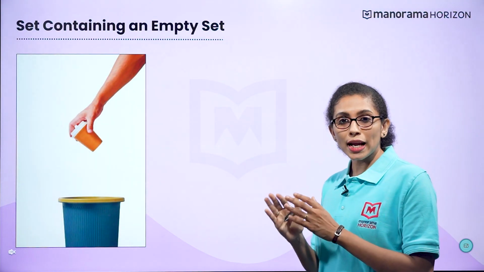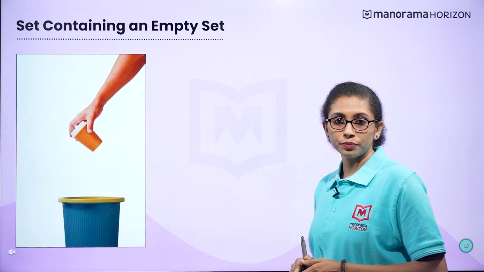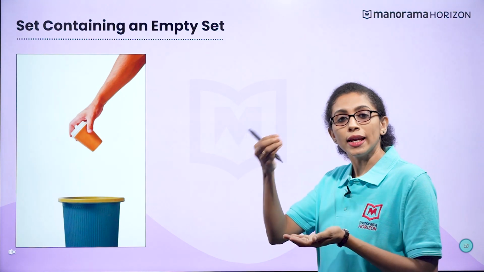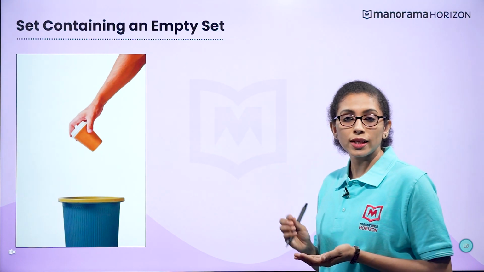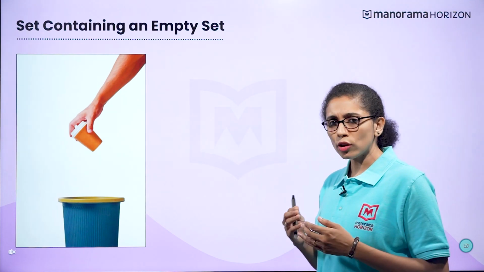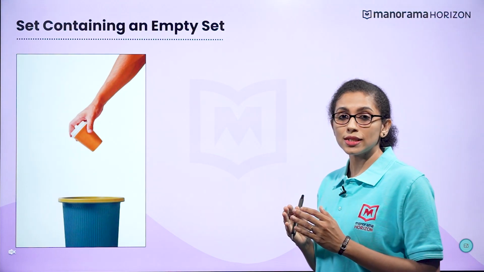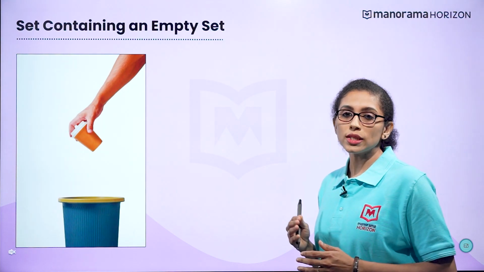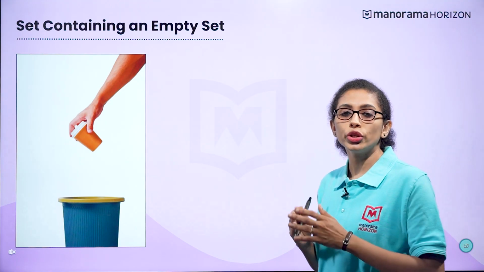Now, put an empty glass into a bucket. You have got a set, that is your bucket, containing an empty set, that is your empty glass. Can you tell me how to represent a set containing an empty set? Let's use the capital letter S to denote the set.